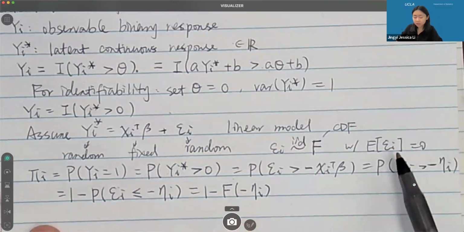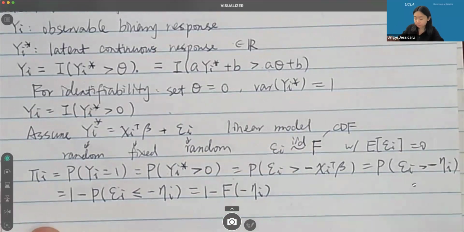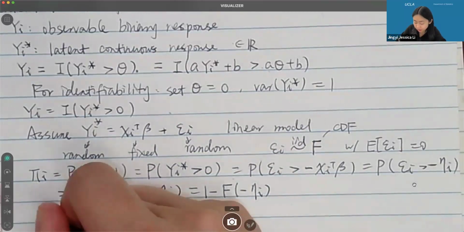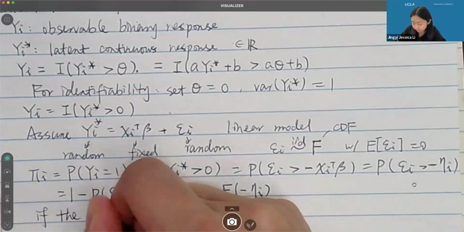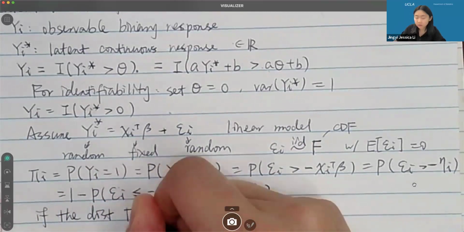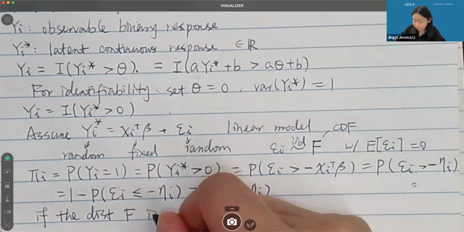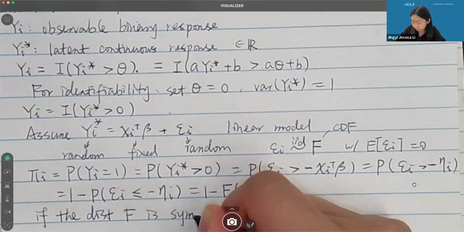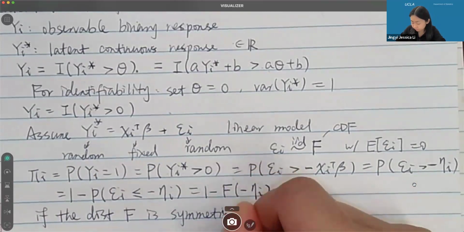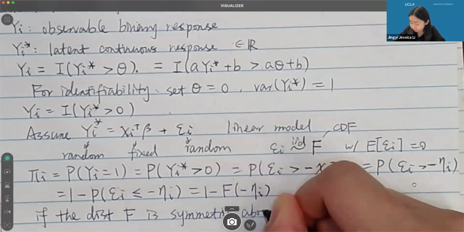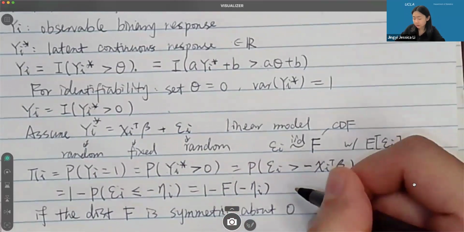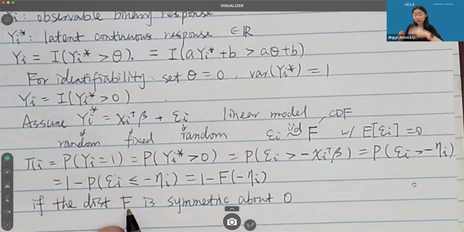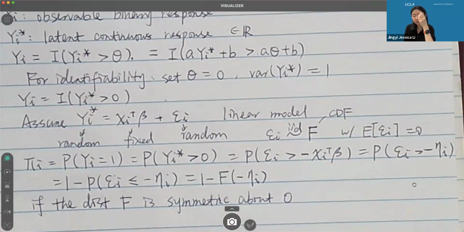And if I have this additional assumption, that the distribution F is symmetric about 0. Here I'm not talking about the CDF being symmetric. I'm talking about the corresponding density function being symmetric.